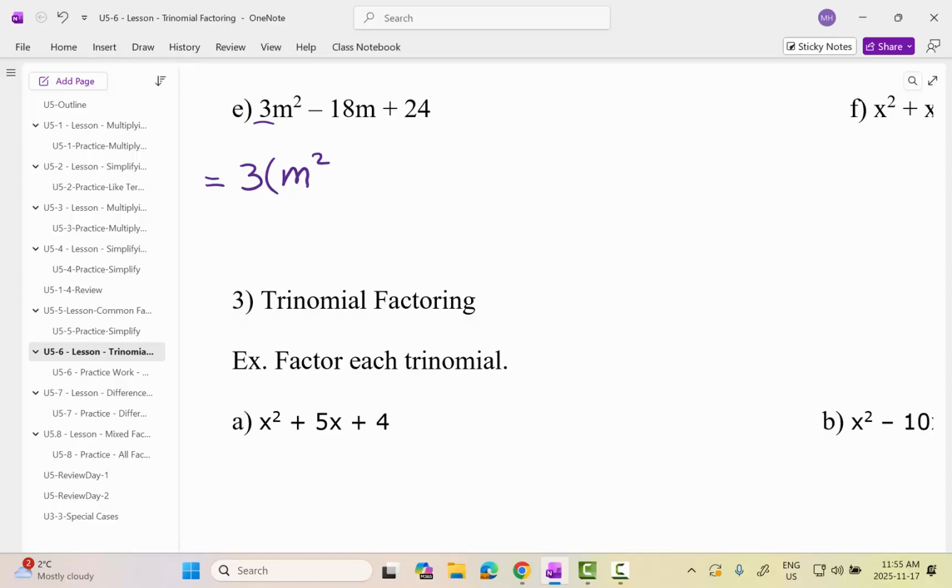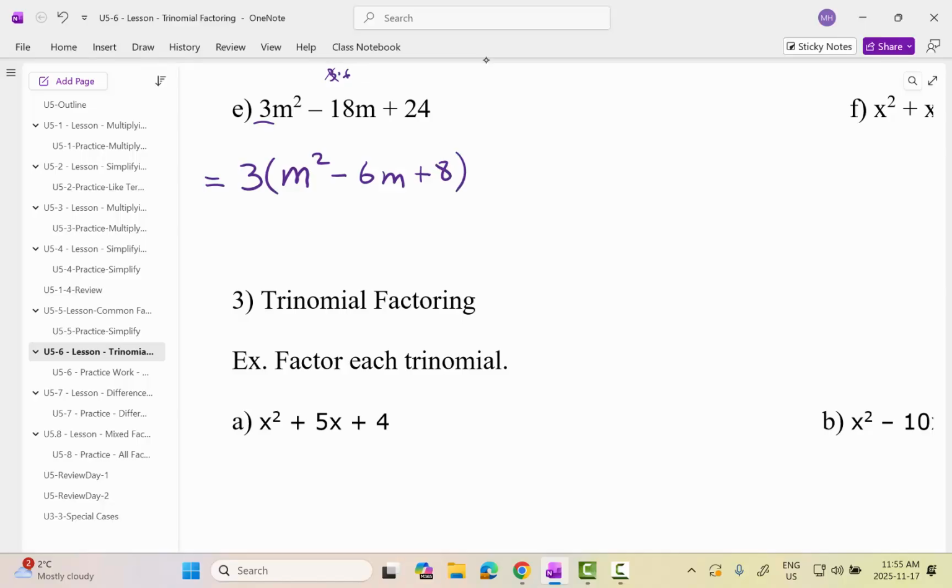If we take out a 3 from the 18, remember, 18 is 3 times 6, so 6 is left. So it's going to be minus 6m. 24 is 3 times what? 8, right? So this is going to be plus 8.